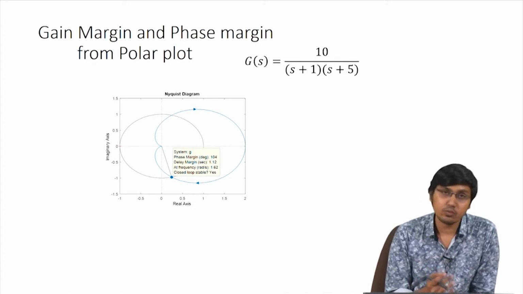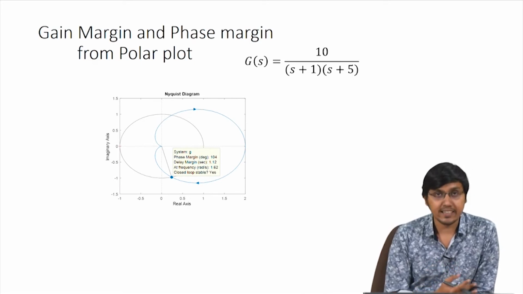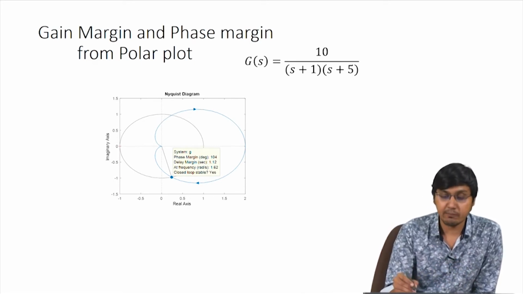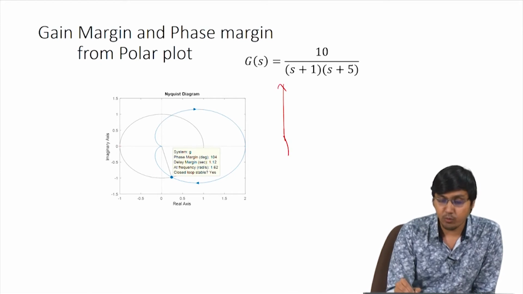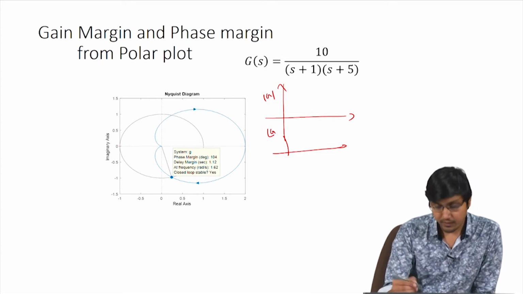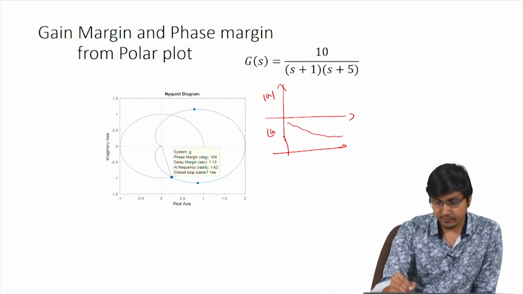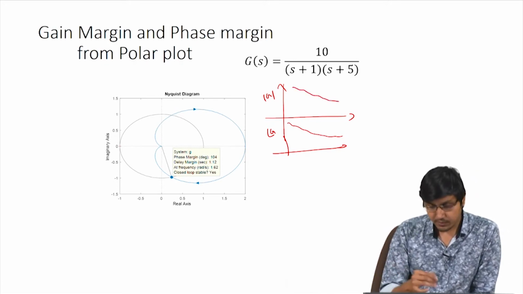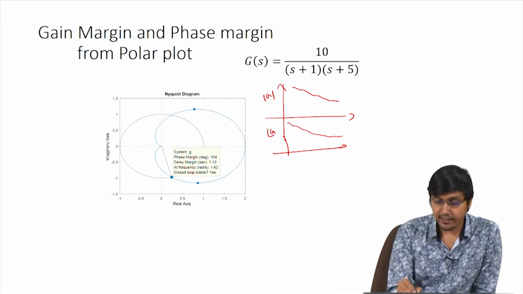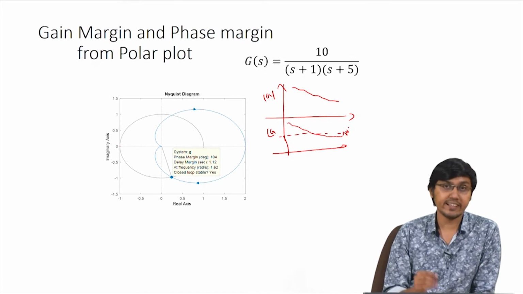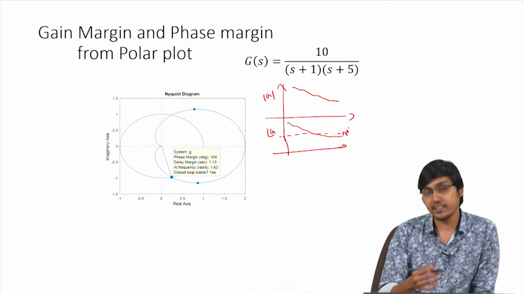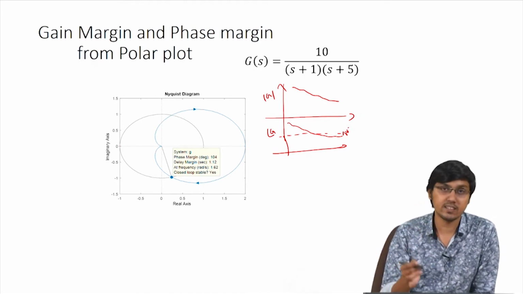If you recollect what we said about gain margin and phase margin in the Bode plot, we had a magnitude plot and an angle plot. The angle was decreasing and the magnitude was also decreasing, and at an angle of minus 180 degrees we get the critical frequency, because that is where we get in-phase sine waves.